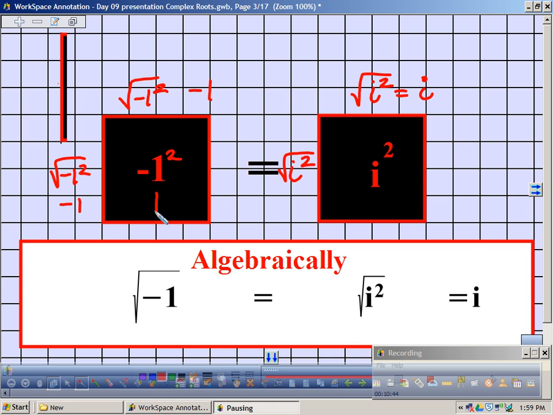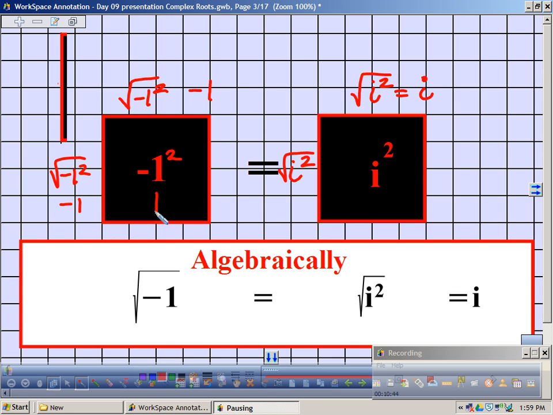So if we leave it as negative 1, we have to follow the rules of negatives, which is a negative times a negative is a positive. So to bypass that, if we see a negative 1 underneath the square root, we're going to call it i squared because this has different properties. It's substituting it in for something and then saying, I'm going to come back and talk about it later because I know that means I've got a negative underneath that square root.